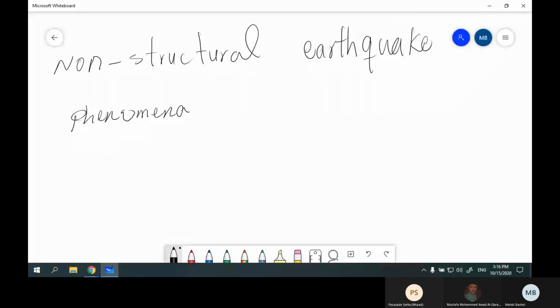If we have a structure like a building, when we evaluate this structure within the earthquake, we say that this is a structural investigation. For example, bridges, buildings, roads.